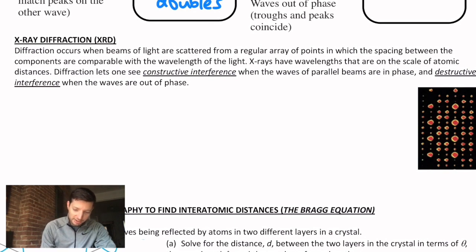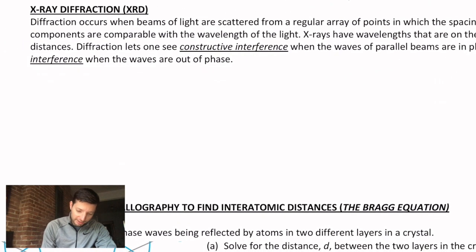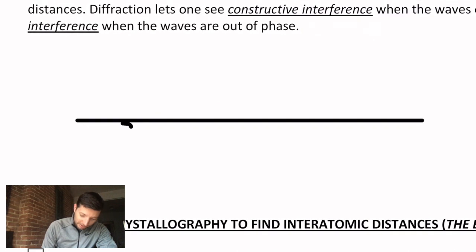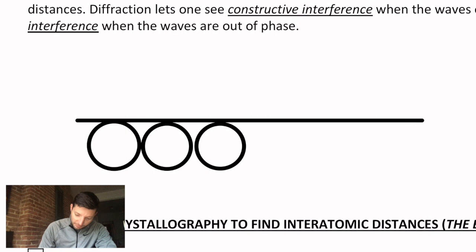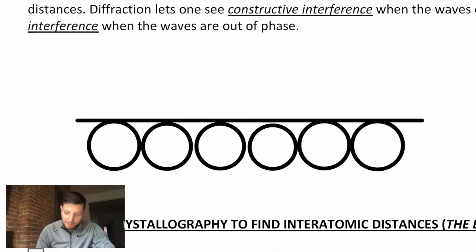Let's pretend we have a plane of atoms, like one of the planes we talked about in the previous lesson. So there is a plane, and just to remind us, this is of atoms. I'm going to say that it's a plane where the atoms are all in contact with each other. So we'll just draw a handful of atoms right next to each other.